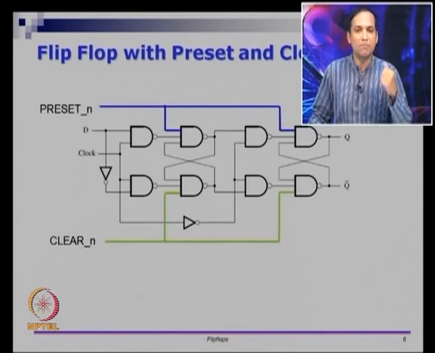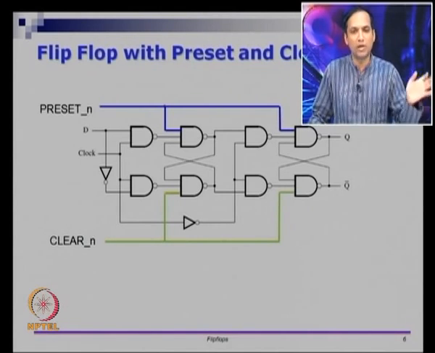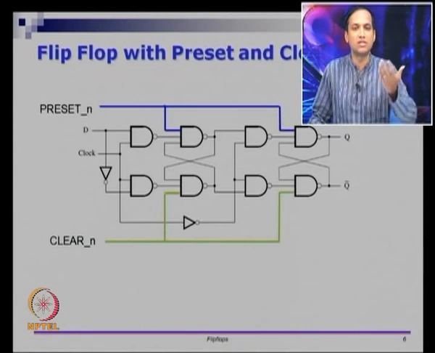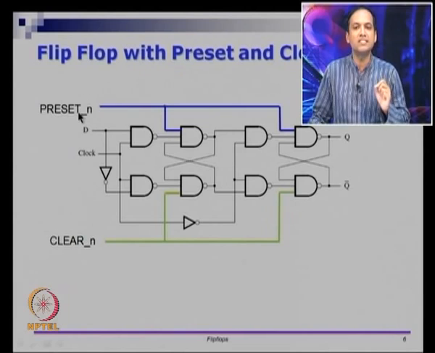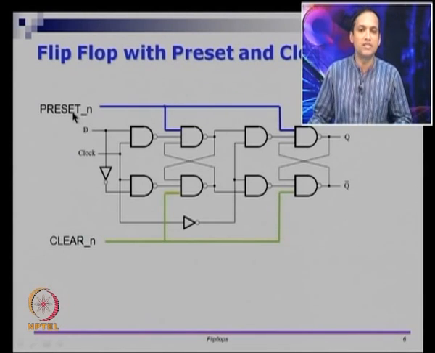Whenever preset is on, this is something you do when the circuit comes up, you may not have any data input, you want the flip flop to have 1 at the output. In those cases you want to bring a preset. So, a preset of 1 means the flip flop should be set to 1.